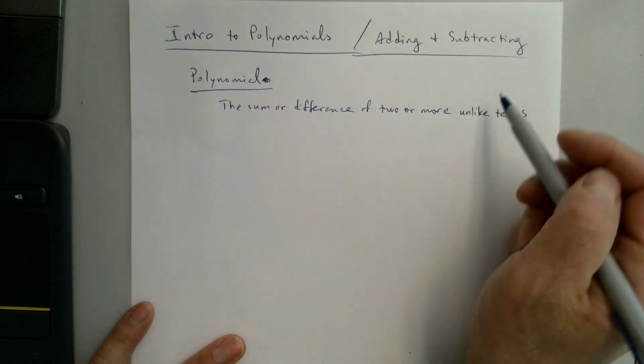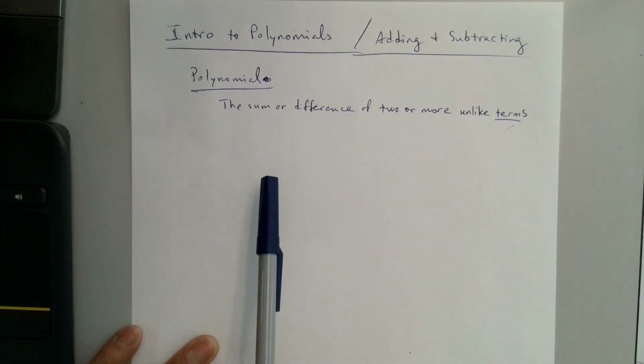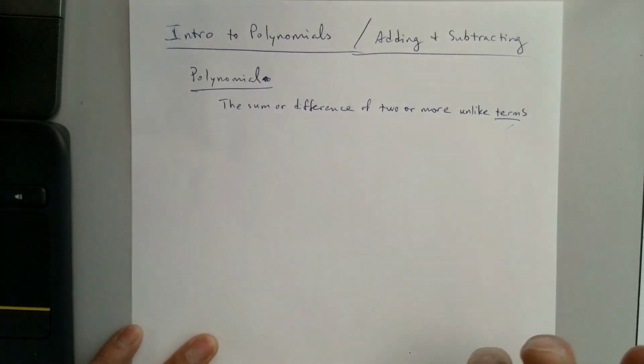So first I need to tell you, well, what does term mean? If a polynomial is a sum or difference of two or more of them. Here are some examples of terms.